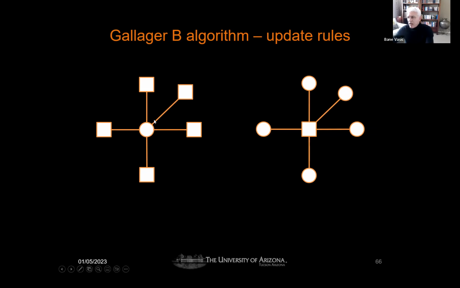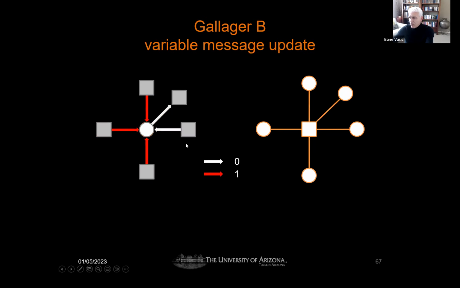So these are variable nodes, and these are neighboring check nodes, and this is a check node and a variable node. The message will always be sent between neighboring variable nodes and check nodes. So imagine now that white represents bit 0, and red represents bit 1.